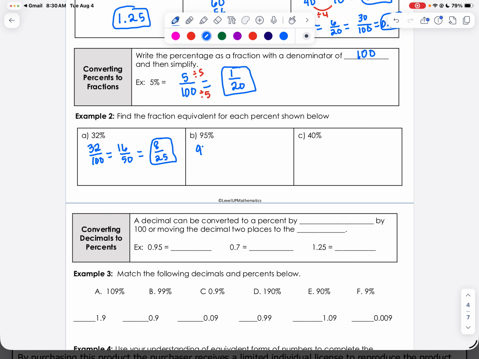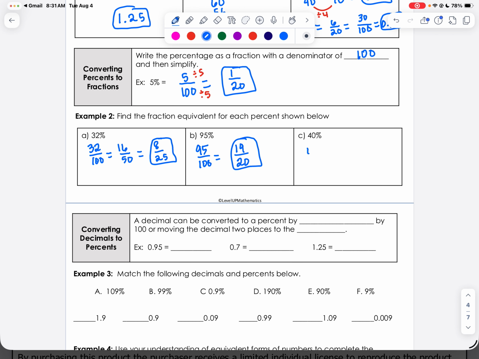All right, 95 over 100. Now, these numbers are not both divisible by 2, but they're both divisible by 5. So 95 divided by 5 is 19. 100 divided by 5 is 20. So 95% is equivalent to 19/20.